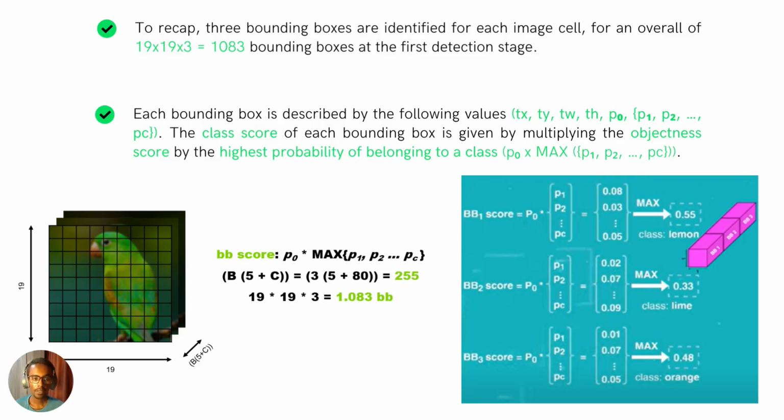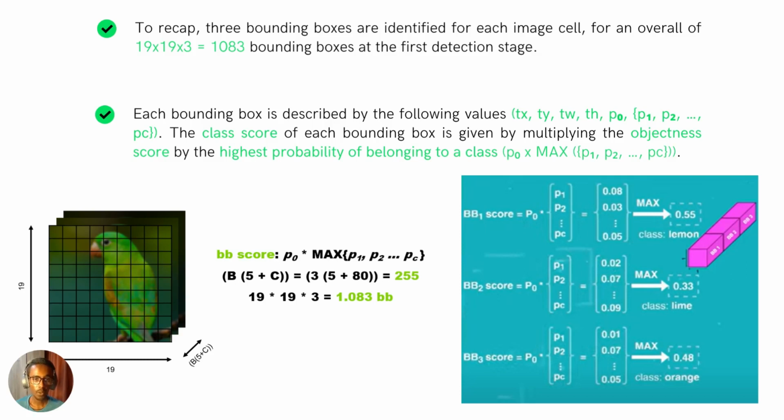Since we have 19 by 19 grid cells, we're going to multiply the two numbers. Then we're going to multiply 3, which represents the number of bounding boxes that we're going to predict for each cell. So in total, we're going to have 1083 bounding boxes.